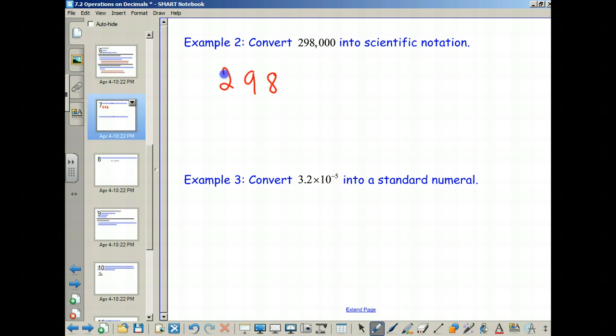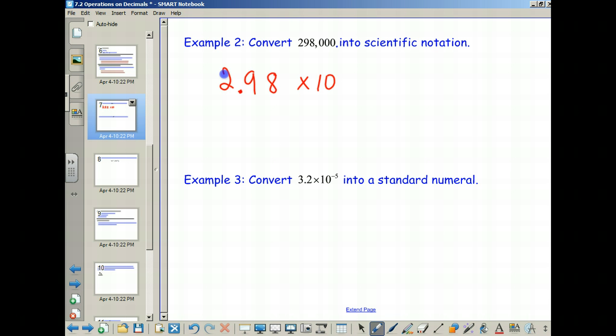After the 2. I need my decimal point to go in the location where the number I end up with is a number between 1 and 10. And this is. Good. The next thing I do is put that it's times 10 to a power. Now the first thing I want us to ask ourselves is, is the power positive or negative? Positive. Why, Sarah? Because it's a big number. I'm going to have a positive exponent. The value of the exponent is exactly the number of decimal places that I moved.